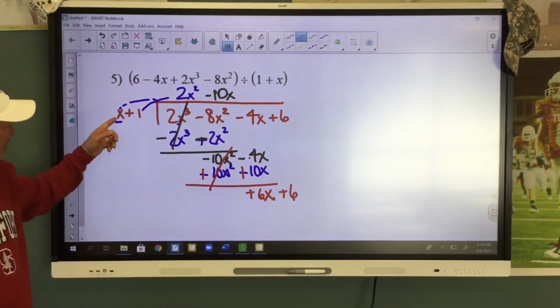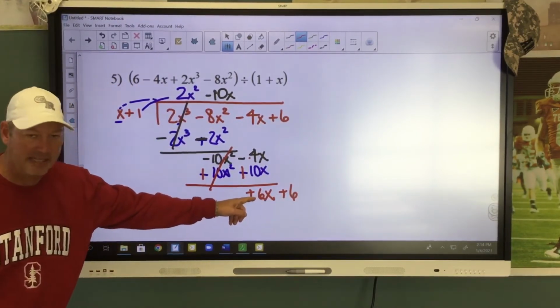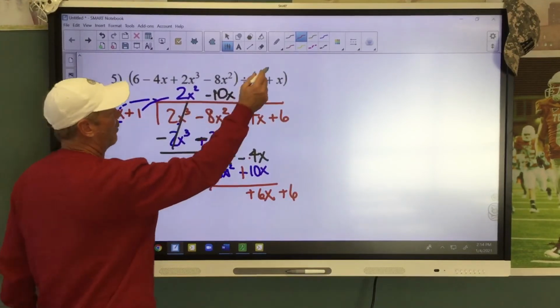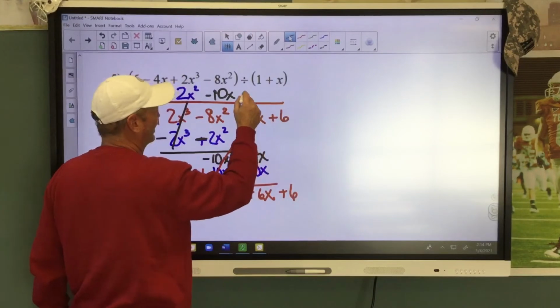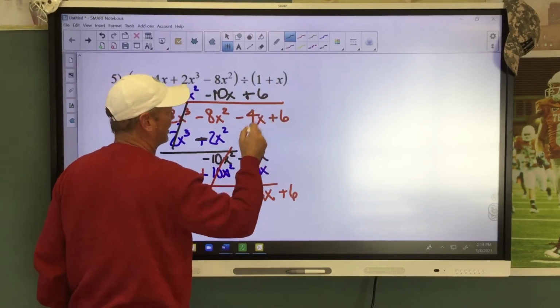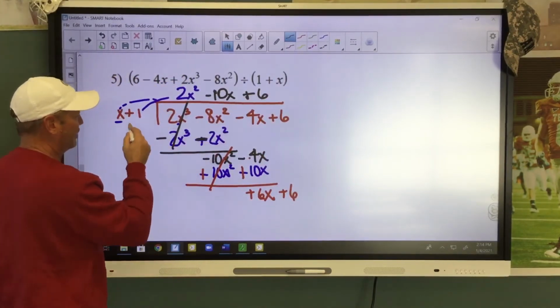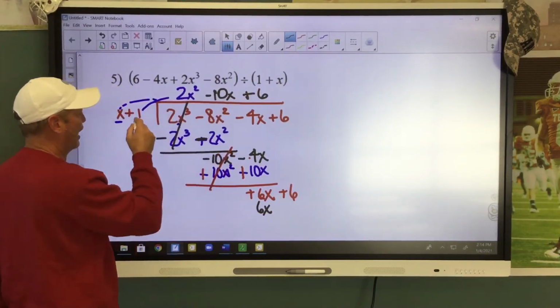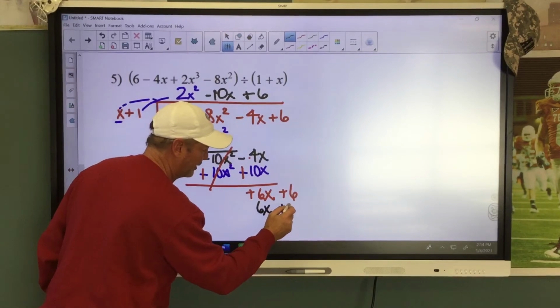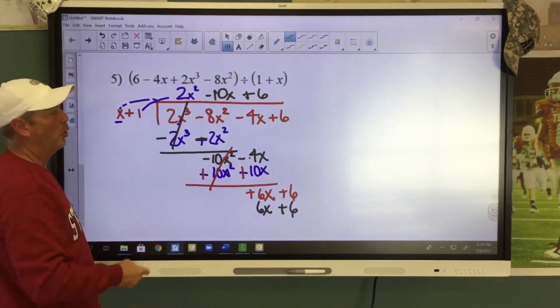I want to make this match that. So I need to get that, and we're going to multiply times a positive 6. 6 times x is 6x. 6 times 1 is 6. We're through multiplying.